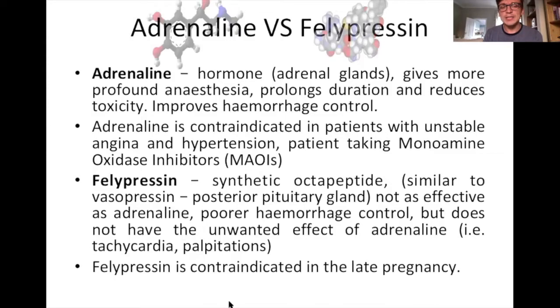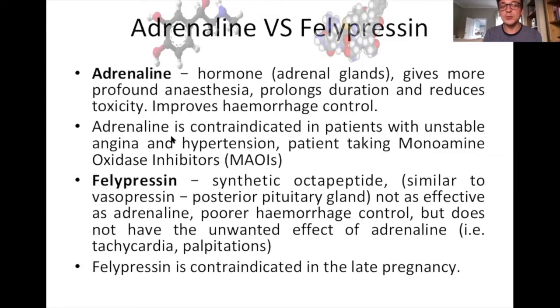Local anesthetic comes either plain or with adrenaline or Felypressin. Adrenaline is a hormone that has a very important function, but it also narrows peripheral vessels. So it basically constricts vessels, and it helps the anesthetic stay longer. However, obviously it affects everything else.